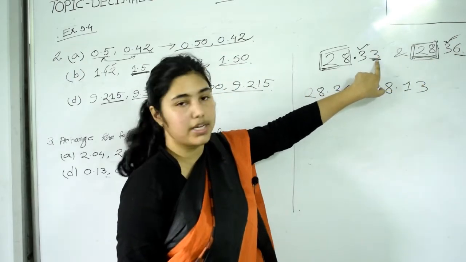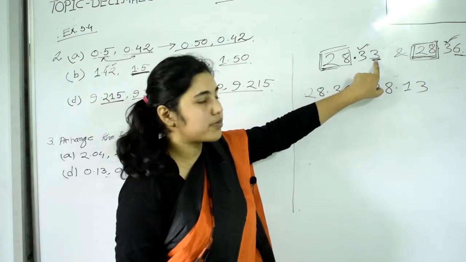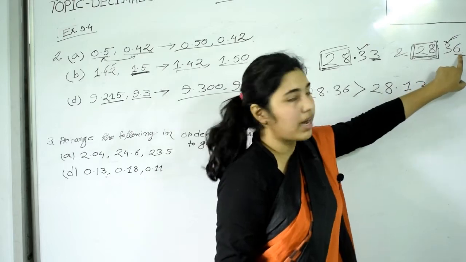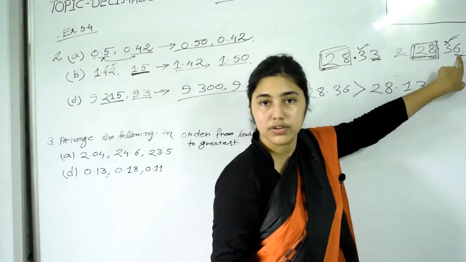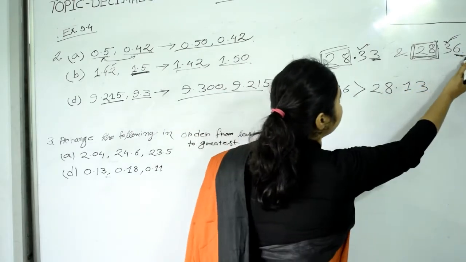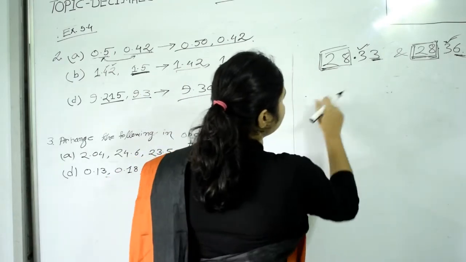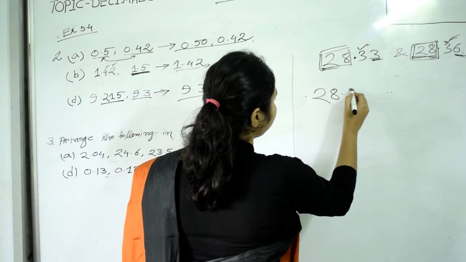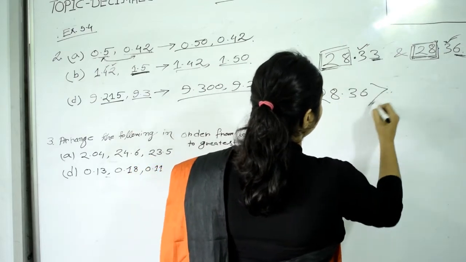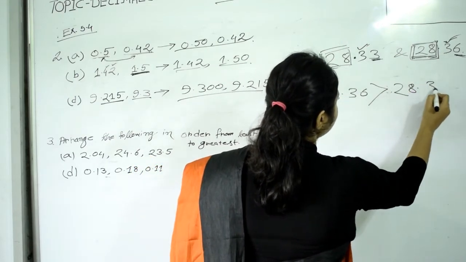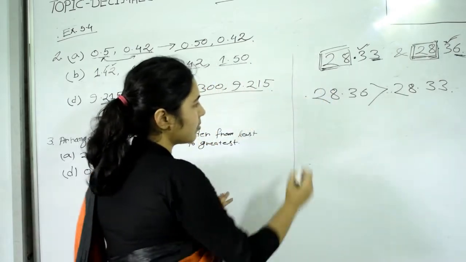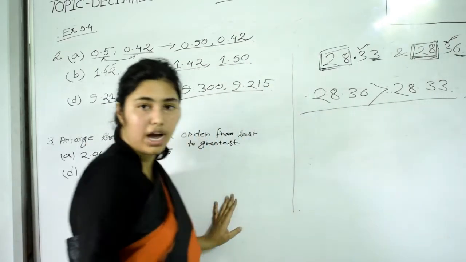Here in the 100th place, in this number we have 3, but here in the 100th place we have 6, right? And 6 is more than 3, which means this number 28.36 is more than 28.33.